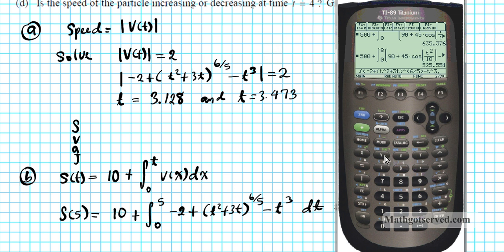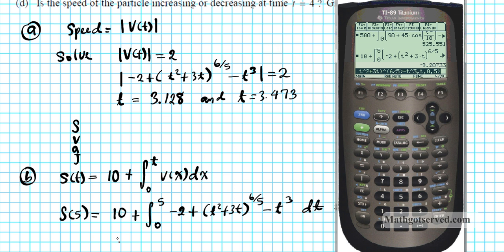Our variable of integration is t, lower bound is 0, upper bound is 5. Enter. Again, -2.073. Okay, so that's the particle's position at t equals 5.